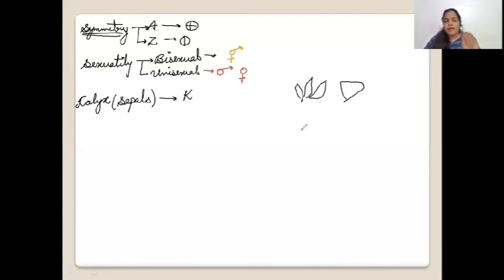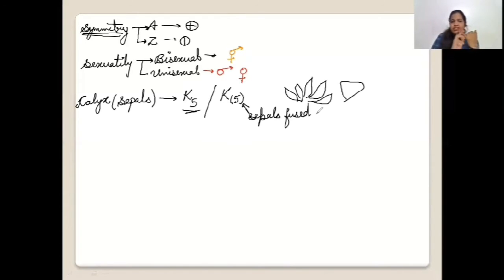So, the number of sepals in the outermost whorl is represented over here. Suppose 5 are there, so I'll write 5 over here. Now, if all these 5 sepals are separate, I'll write just like this. But if they are fused, then I'll use a bracket to show the fusion. This bracket shows that the sepals are fused.